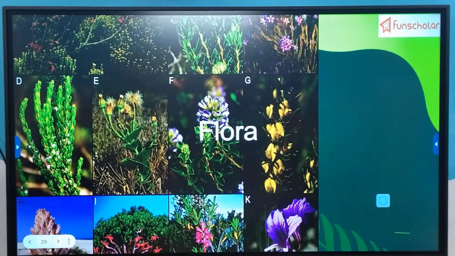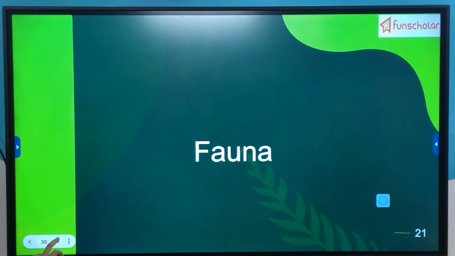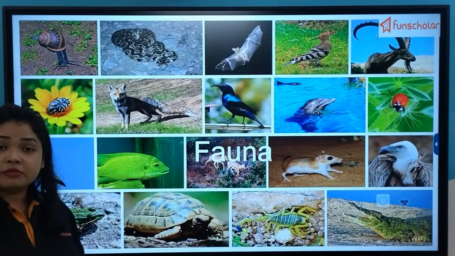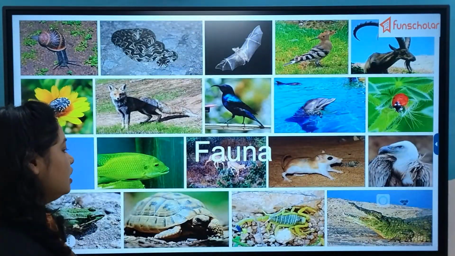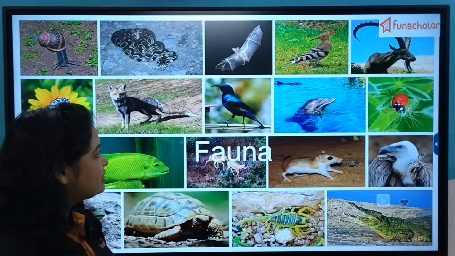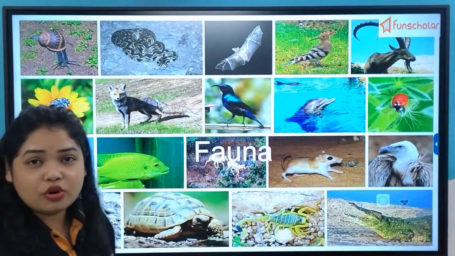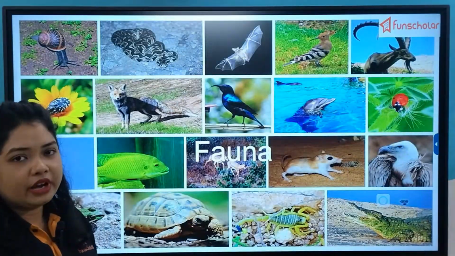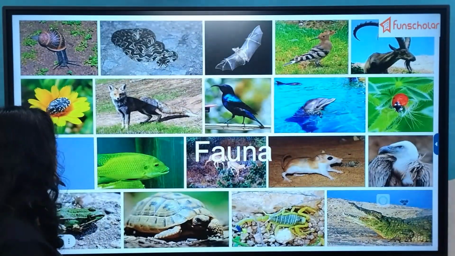So these are the different types of flora population, and these are the different types of fauna population, starting from the aves, that means the birds, the mammals, the reptiles, then the insects, or the arthropods, the mollusks, if I consider the classification background, so taking all the animals into account.